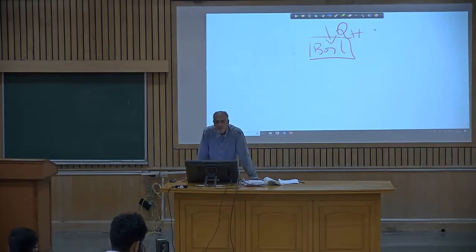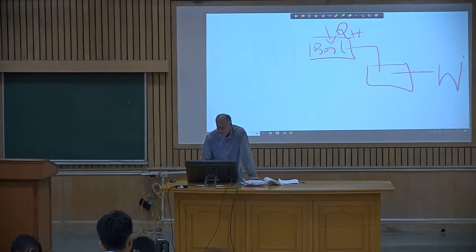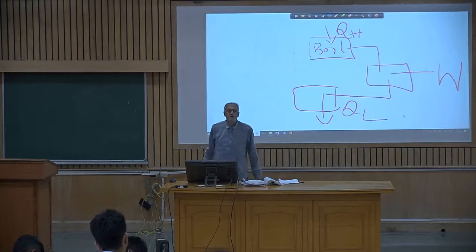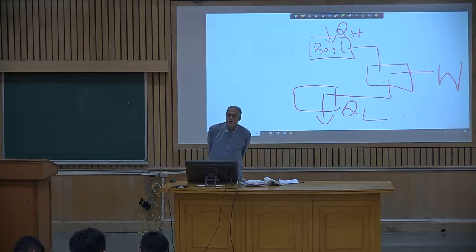The only difference between this chapter and the other chapter is that for all the Q's, I will have to identify them by H and L. Hot location, hot junction and cold junction. So I am supplying heat at what junction? Hot junction. And then what do you get? Some work. And then you are going to discard some heat. Can you write it? Cold location. I wrote L, low temperature location. Cold junction, cold location. So hot location to cold location. This is your heat engine.